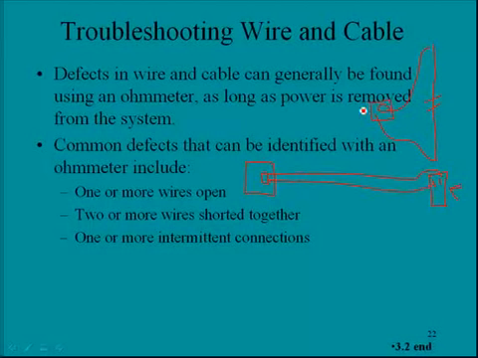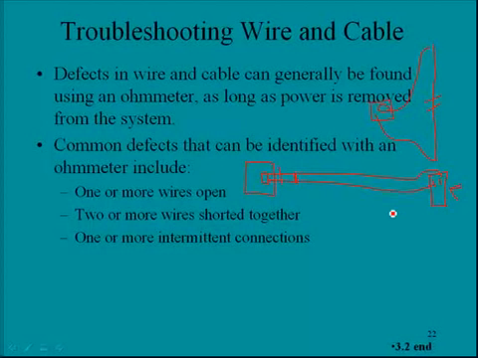Notice it says here, as long as power is removed from the system. And the electrical trick that electricians do is that if they suspect that one of these wires is open, they would, first they turn the power off, and they'd remove these two wires, and they would short these together.